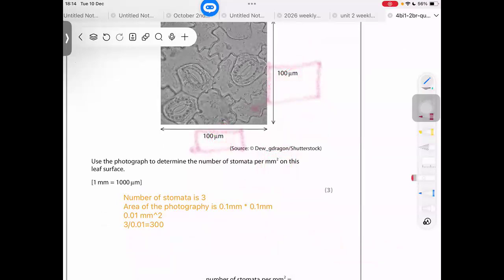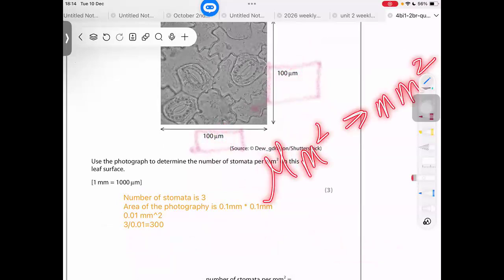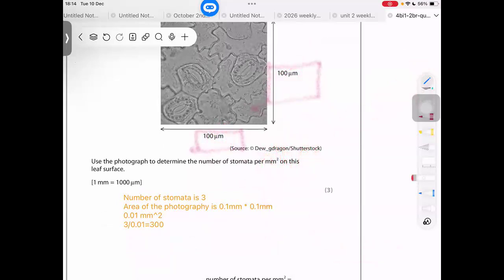Because at the end, you'll have to deal with micrometer squared into millimeter squared. Sometimes due to exam stress, this could be a little bit challenging and it could stress you out. I know it's easy, but because of that reason, it's better to do the conversion first, right?